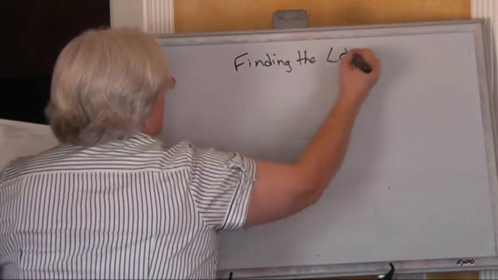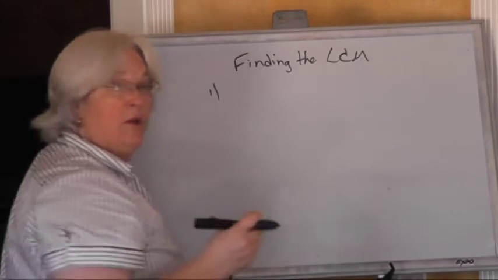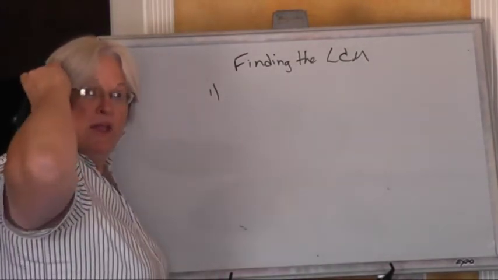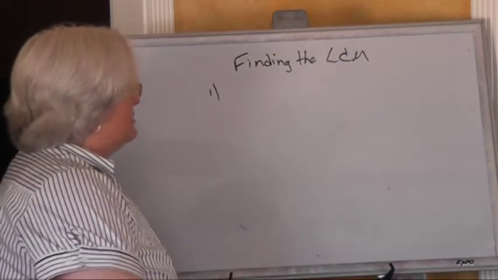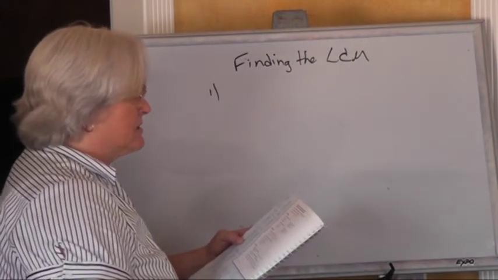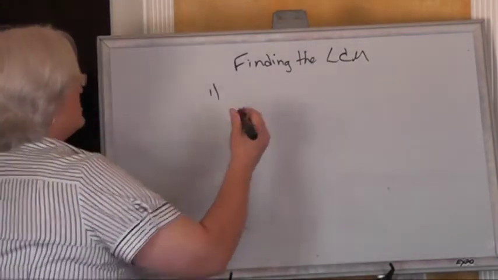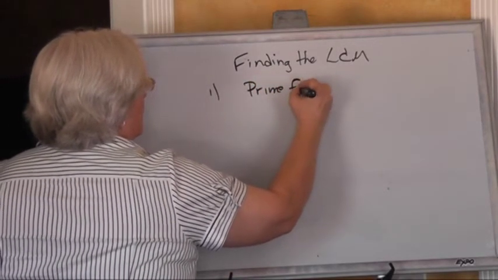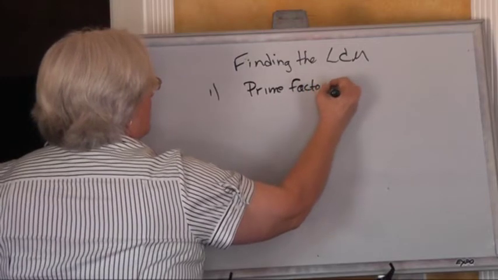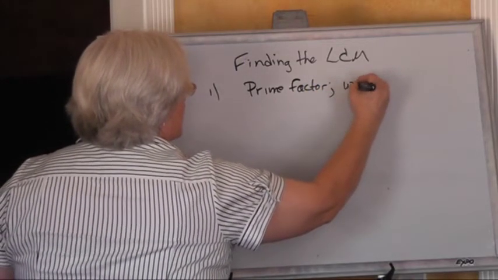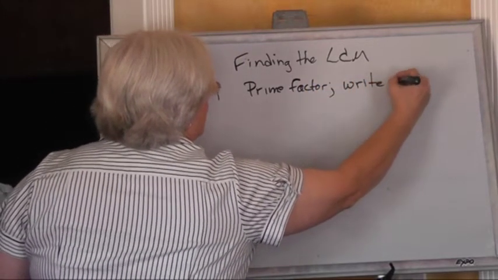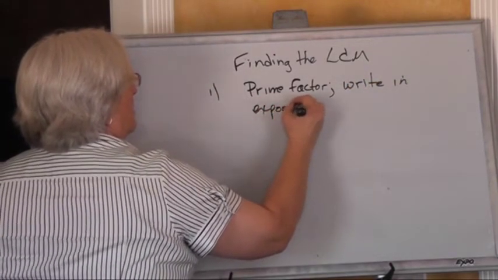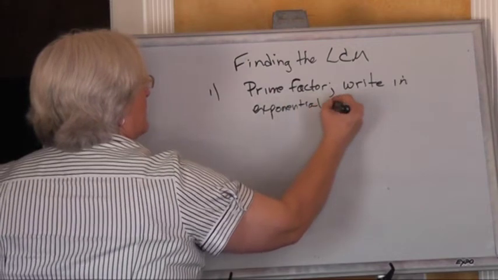So write yourself some version of these steps so that you can learn and have imprinted in your mind how to find both the greatest common factor and the least common multiple. First, you want to prime factor both numbers. And then you want to write that prime factorization in exponential form.